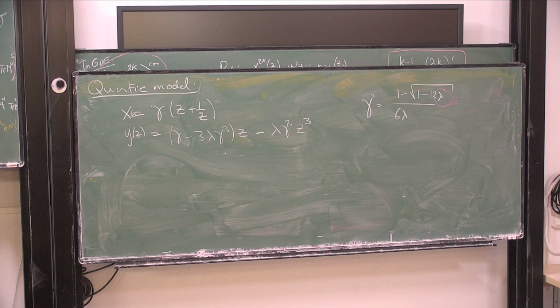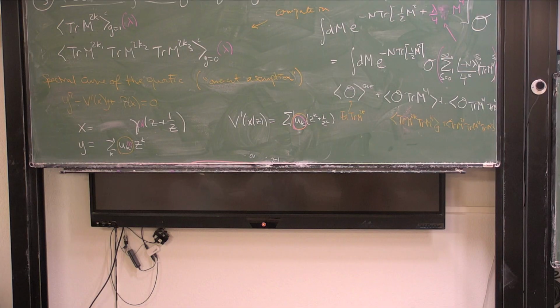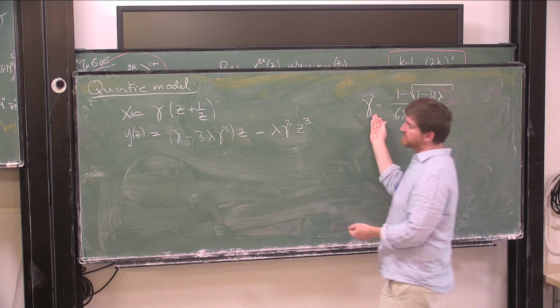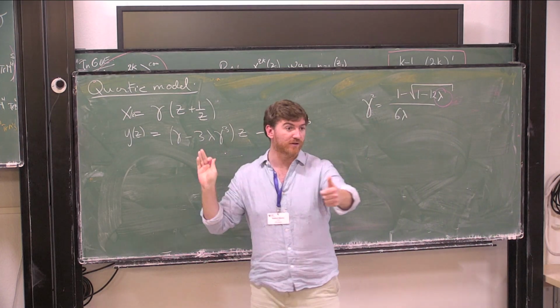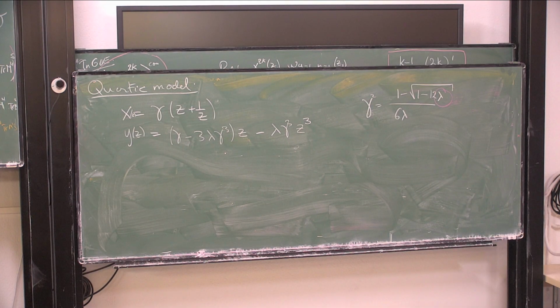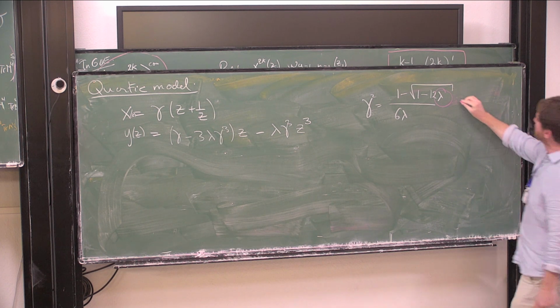Sorry, 1 over 12. Okay, and as it keeps going, it turns complex. Now, we saw that this is basically the width of the eigenvalue distribution. Should that ever become complex? No. Okay. So there's a singularity that's happening here.